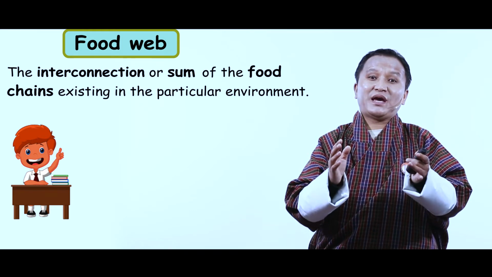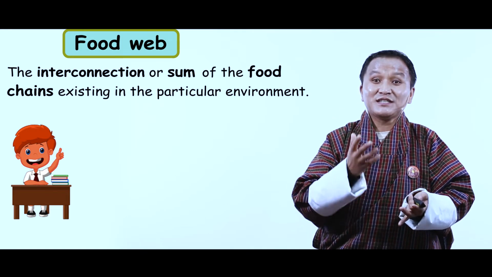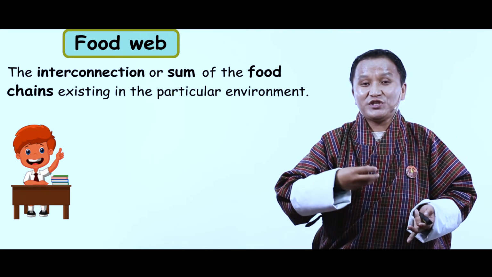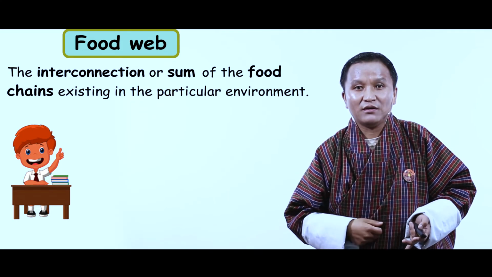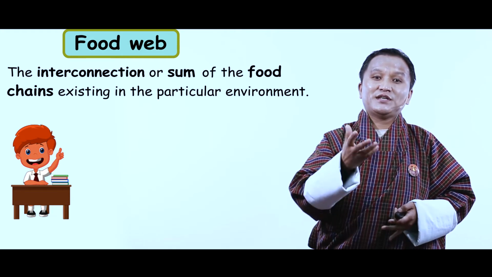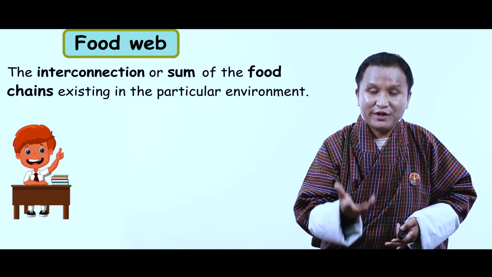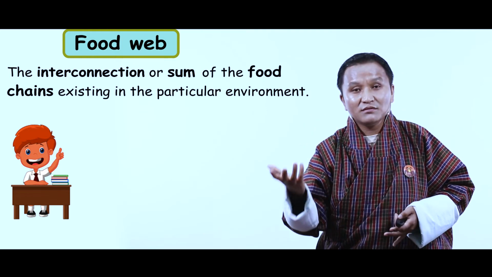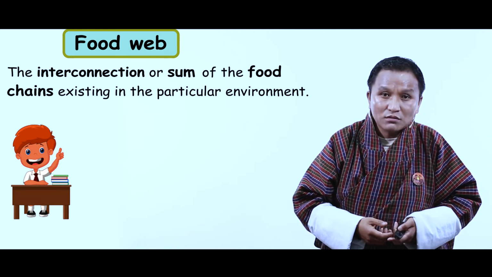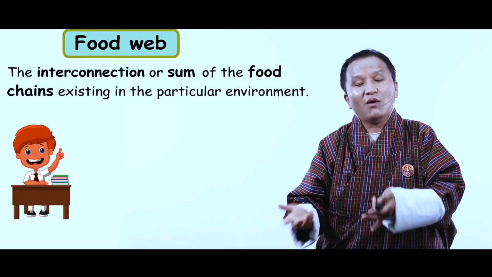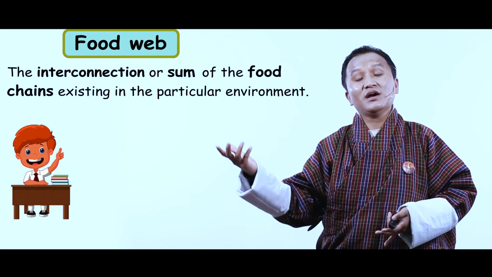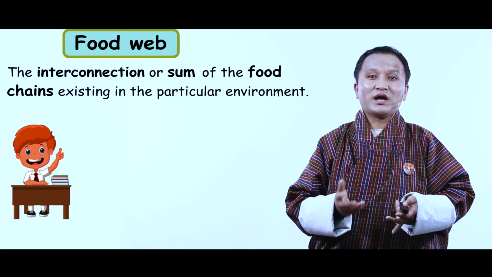But the food web can be so complex that sometimes the energy from the source, that is from the plant, travels through deer directly to the tiger. But sometimes it doesn't happen in that way. You may find that the grass is taken by the rat, the rat is taken by the snake, the snake is eaten up by a hawk, and the hawk may be eaten by a wild boar if it is found dead, and the wild boar may be eaten by a tiger, and sometimes it can be so complex.